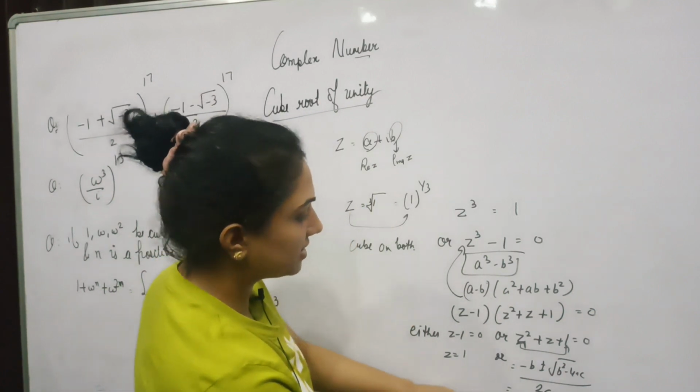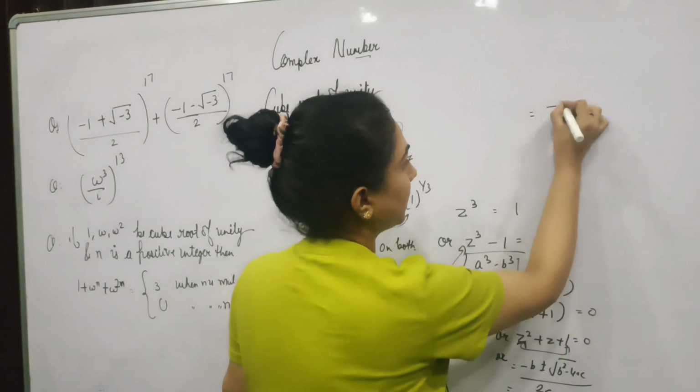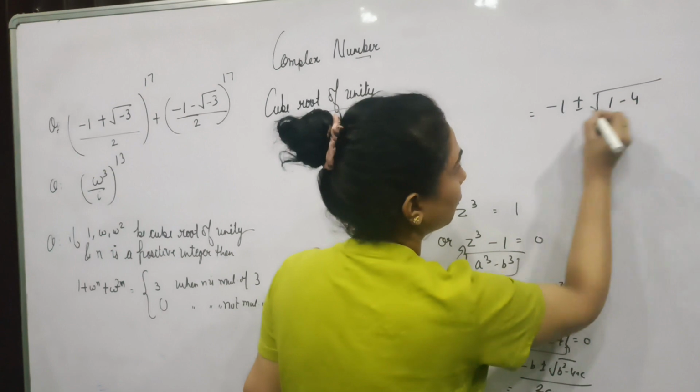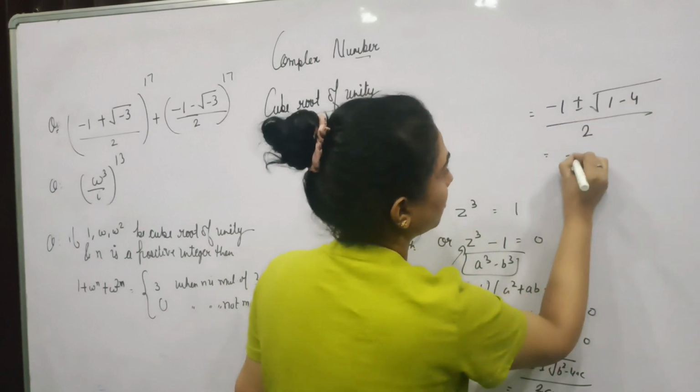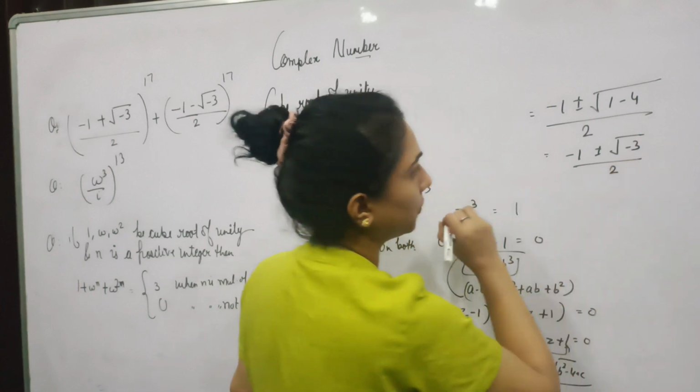I hope you can see it. Otherwise, I will write it again here. Minus 1 plus minus under root of 1 minus 4 upon 2, which is minus 1 plus minus under root of minus 3 upon 2.